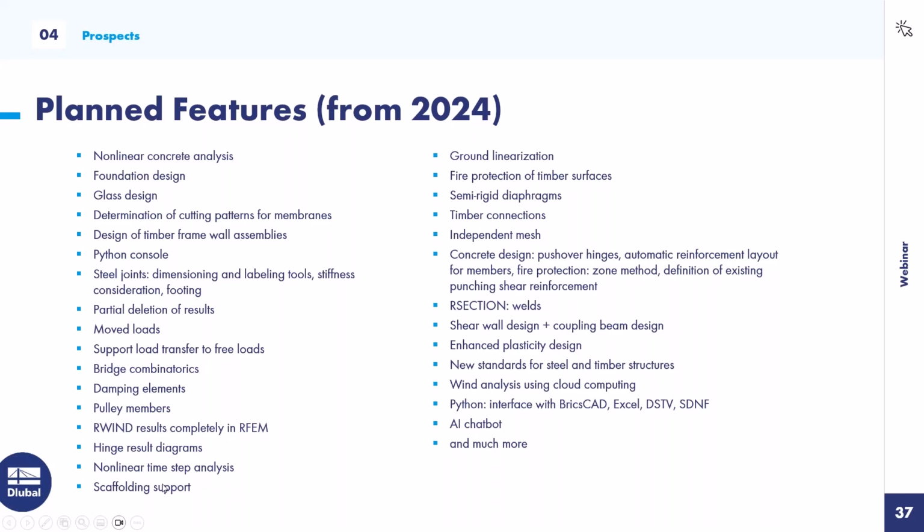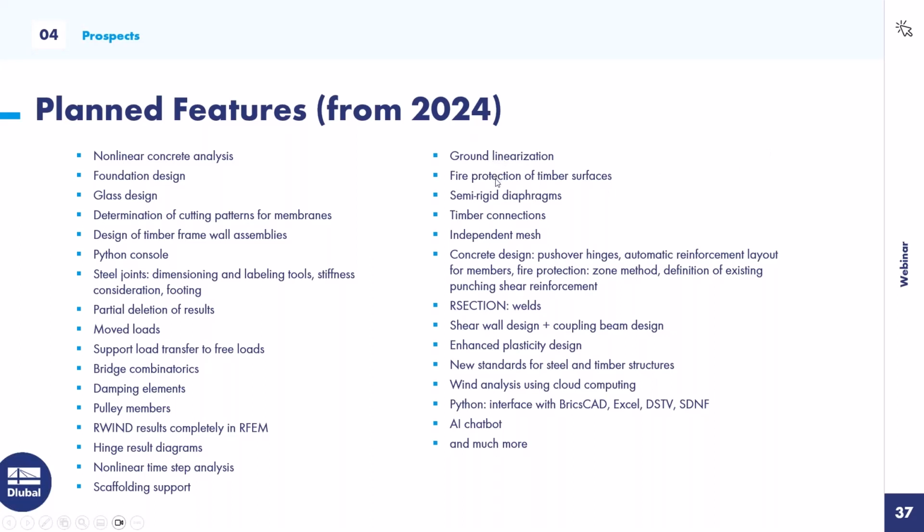Then the scaffolding support, if an axle force dependent support. Then ground linearization. It's an optional substitute of soil solid by spring supported surfaces to decrease the calculation time.